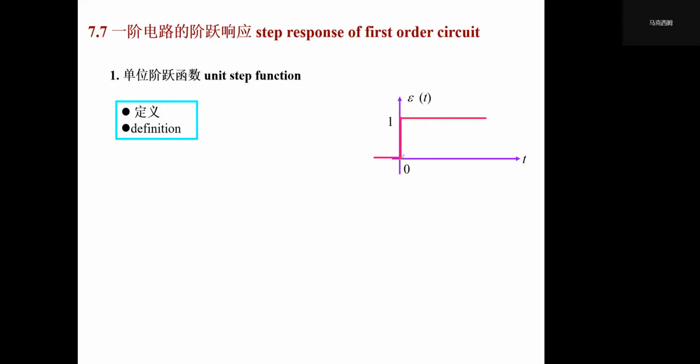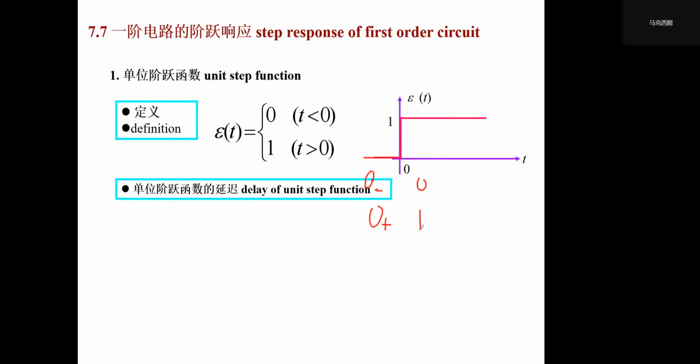Before time 0, the value of it is 0. After time 0 it is 1. So the value at 0 minus is 0, and the value at 0 plus is 1. So this is how we describe it.